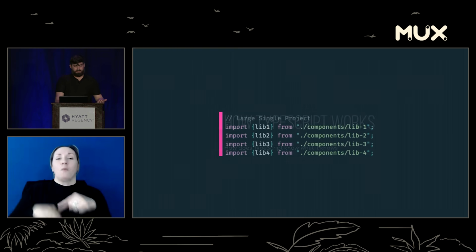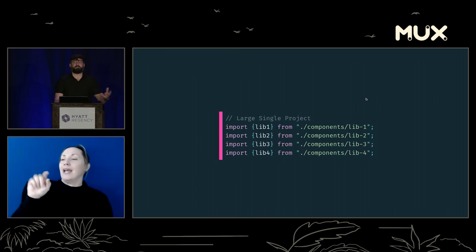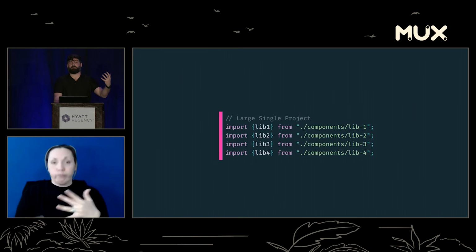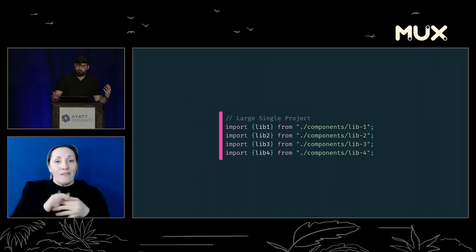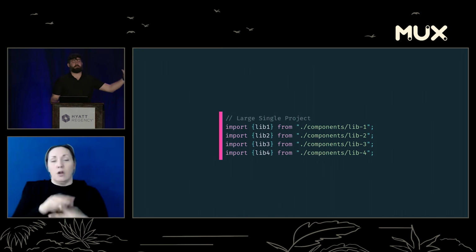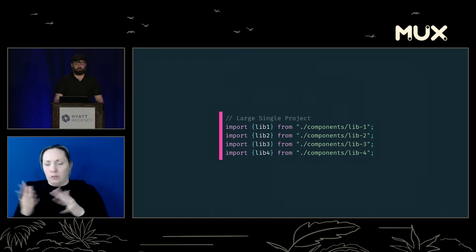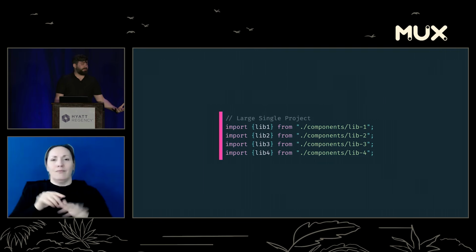TypeScript itself takes a bunch of different files, whether these are relative paths or pulling in from NPM, and it builds out an entire graph of all the files that you have in your project, and it analyzes all the types that are available, whether they are from DTS files or from TypeScript files themselves.